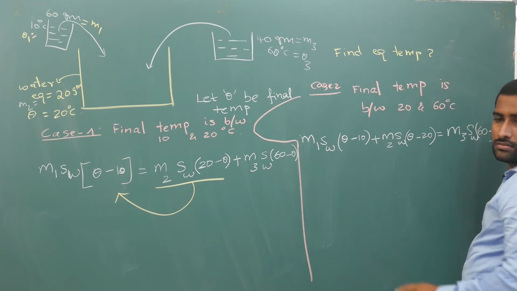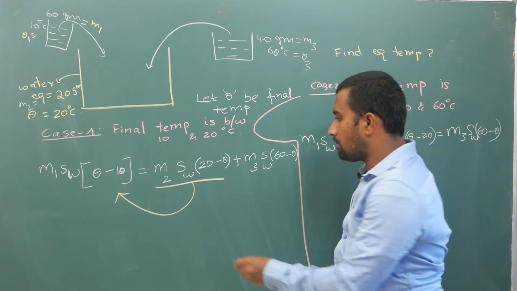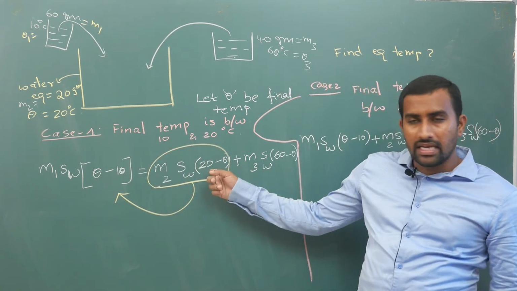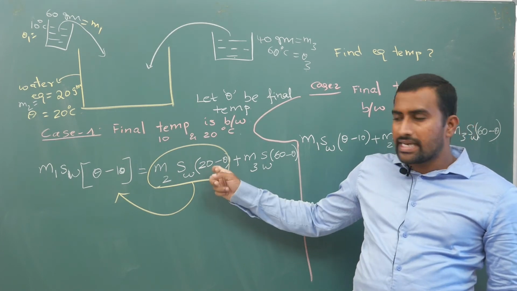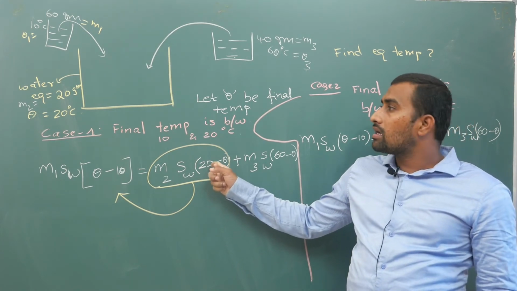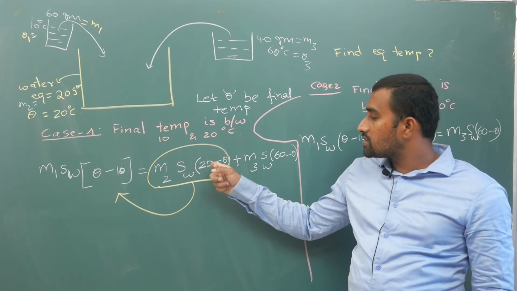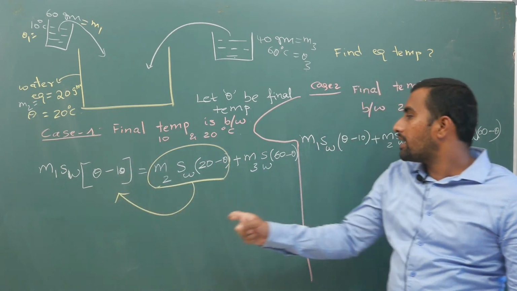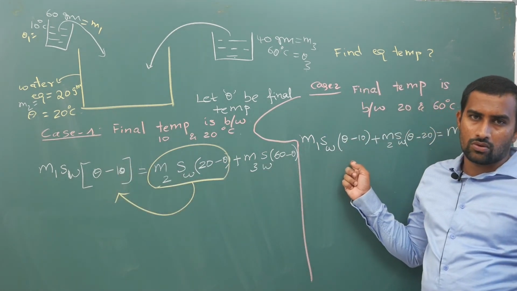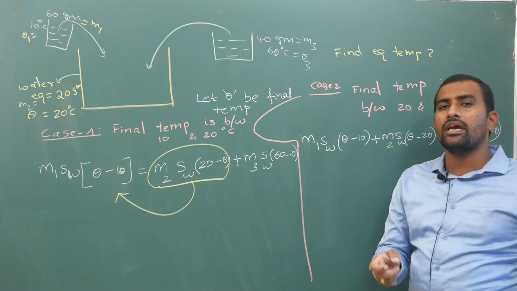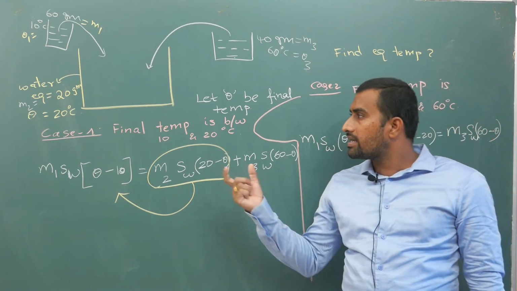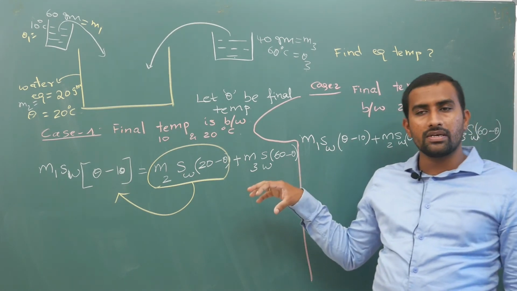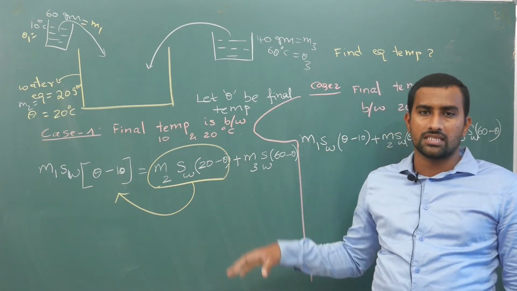Once again, this box that you have, this term, that is heat gained by the 20 degrees body, or the container, if you shift it to the other side, the equation that you are going to get is this equation. That's why I am telling you, stick to the basics and you will get the answer for everything. How you will get it: only by sticking to basics.